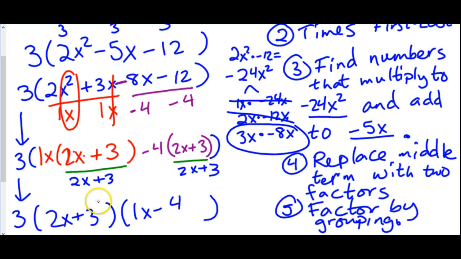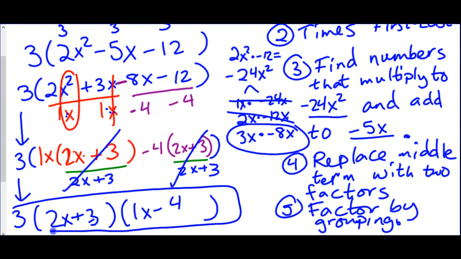So that 2x plus 3 went out front, just like when we had a greatest common factor here. Even though there were 2 1x's underneath, we just put 1 in front. Same thing, even though there are 2 2x plus 3's, we only put 1. And then they divide each other out, so you're just left with 1x minus 4 in the last parenthesis. And that would be your final answer. So that concludes our discussion on factoring trinomials.